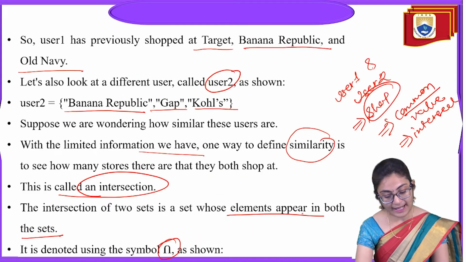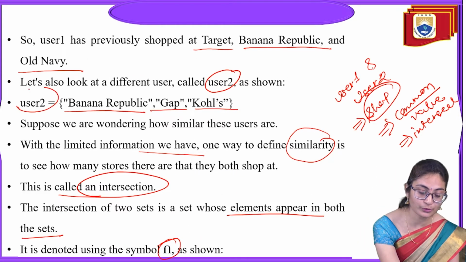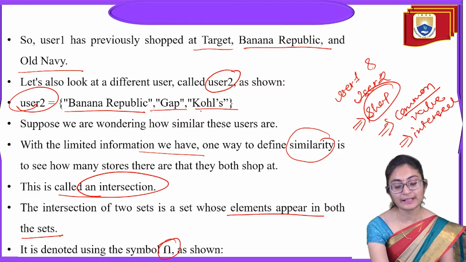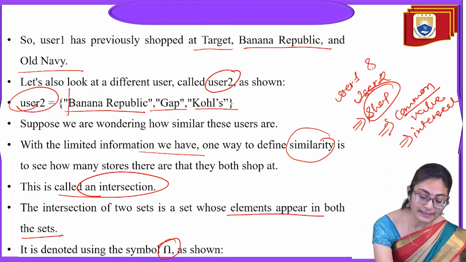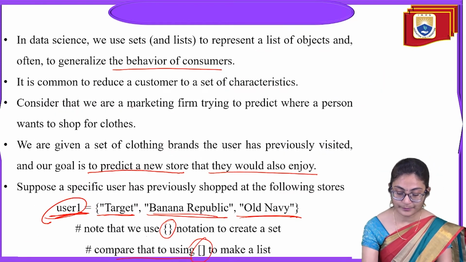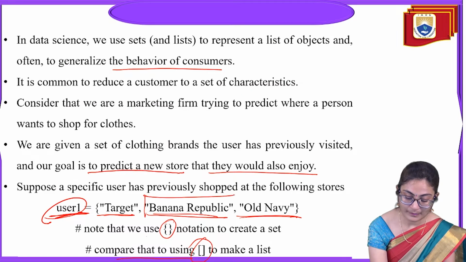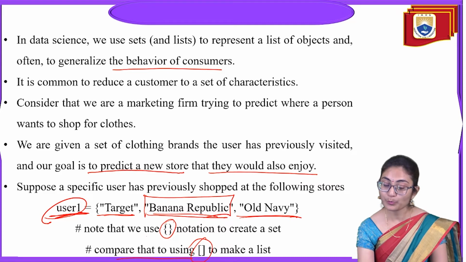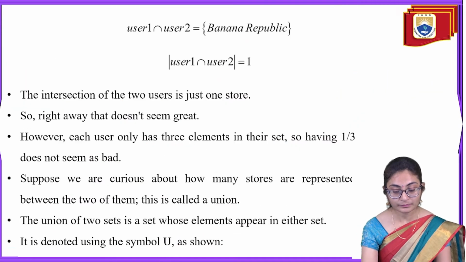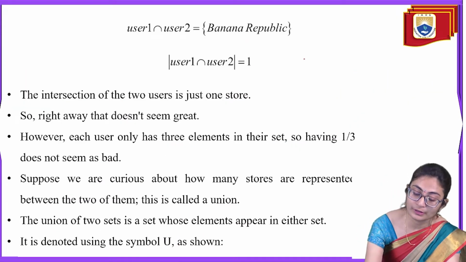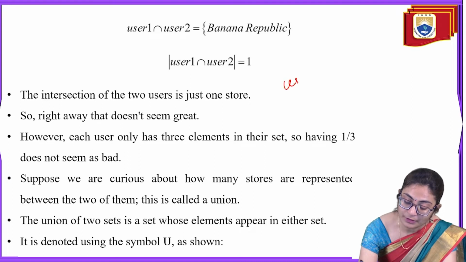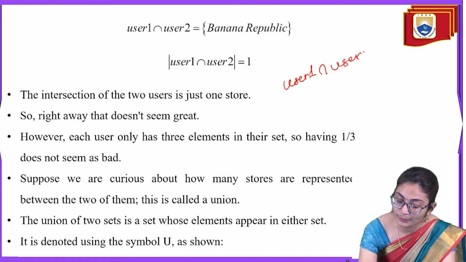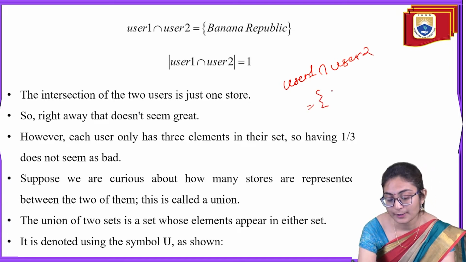And the user 2 values: Banana Republic, Gap and Coles. That means Banana Republic is common to user 1 and user 2. So the intersection of user 1 and user 2 is equal to Banana Republic.